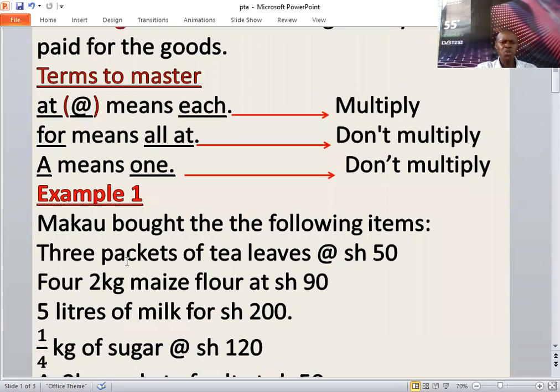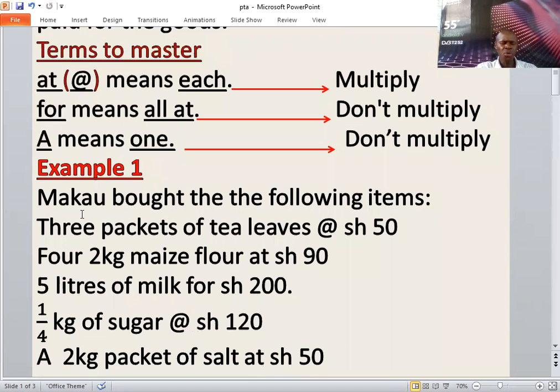We have a sample question here that we want us to go through. Question 1. Macau bought the following items: 3 packets of tea leaves at 50 shillings. 2 kilograms maize flour at 90 shillings. 5 liters of milk for 200 shillings.